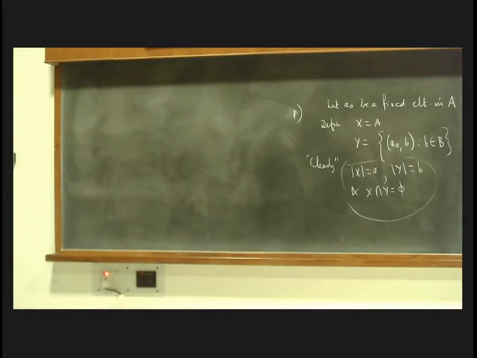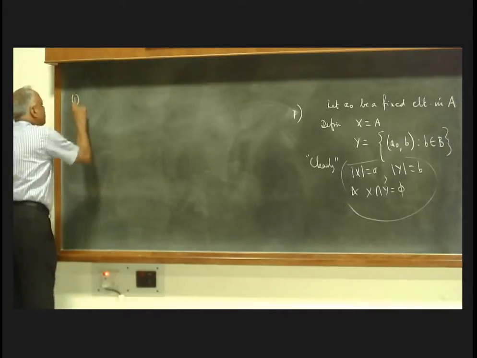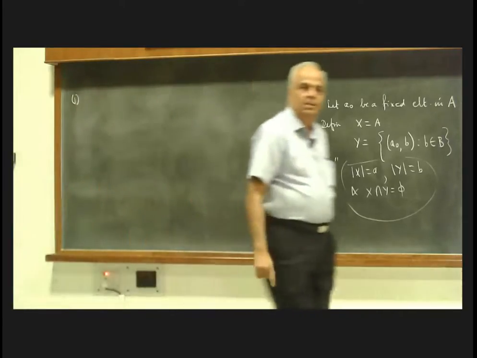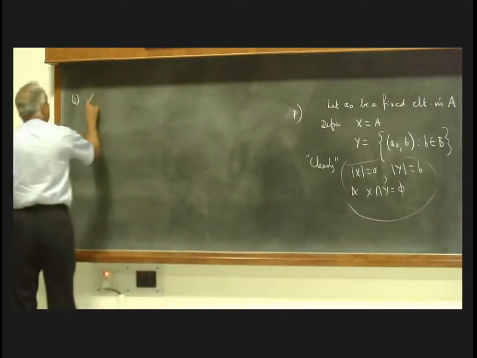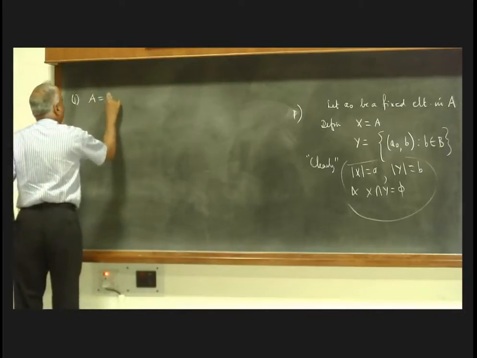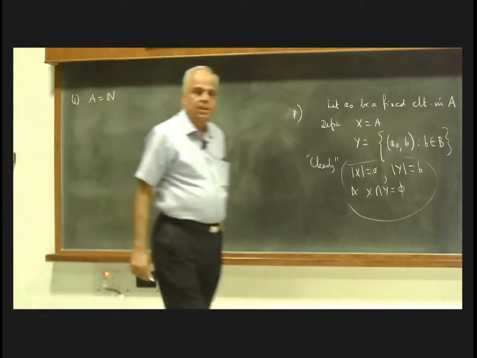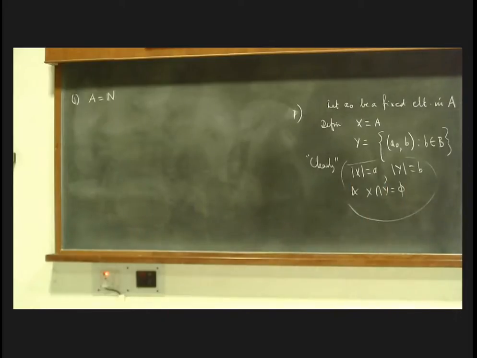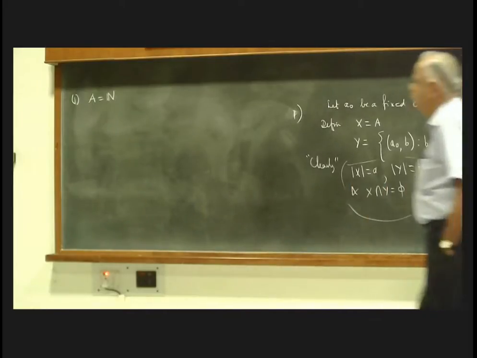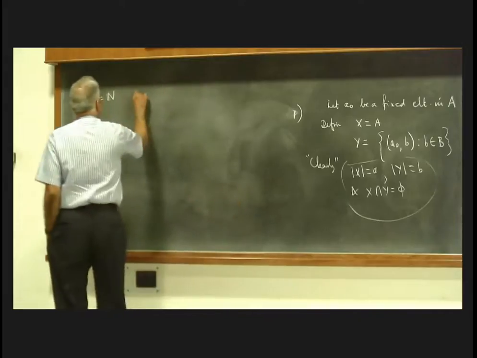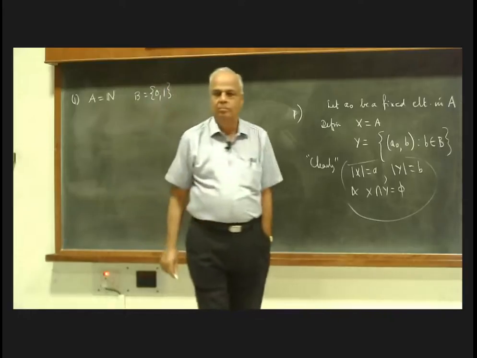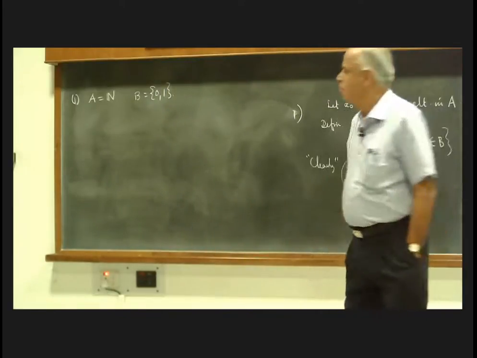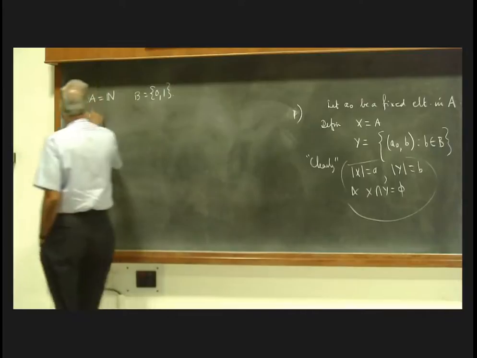Okay, so now let's look at this a little bit carefully. Let us take some special situation. Let us take A to be the set of natural numbers, and B to be binary. That's why I use the B. So, what is mod A?